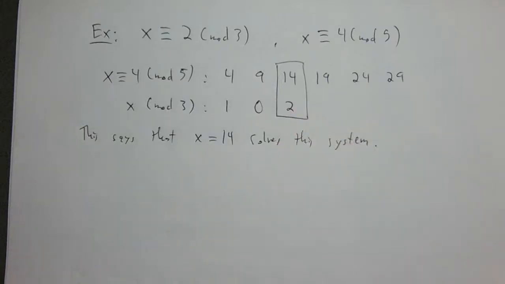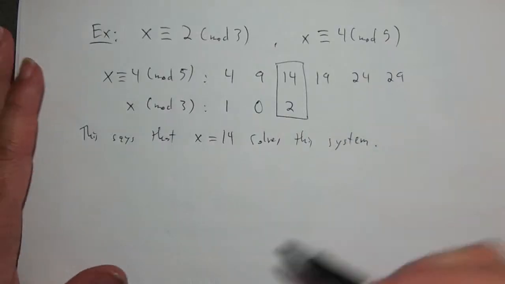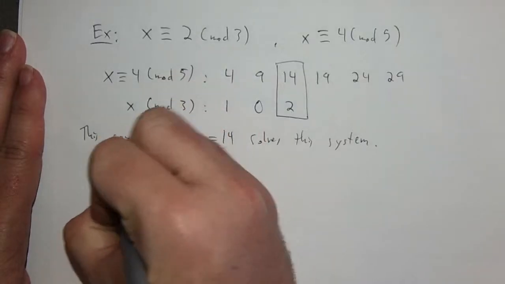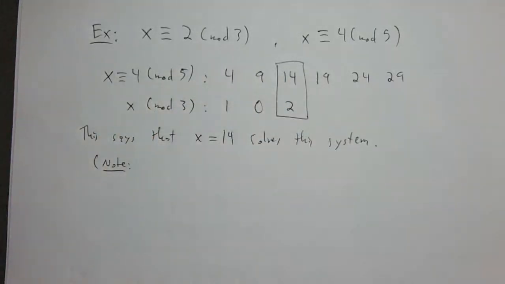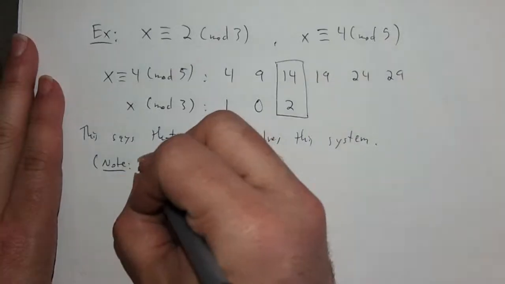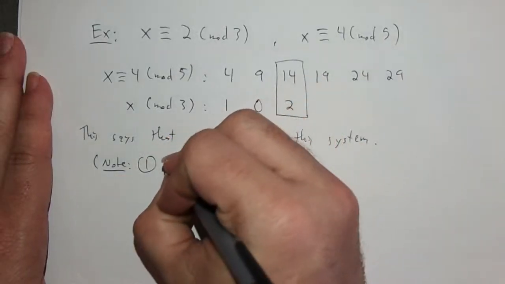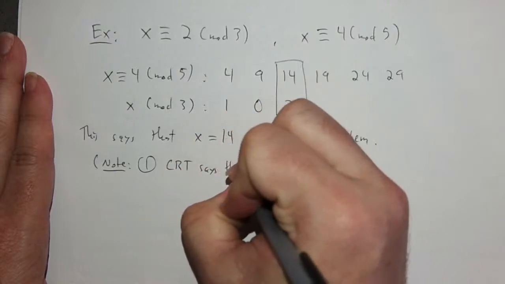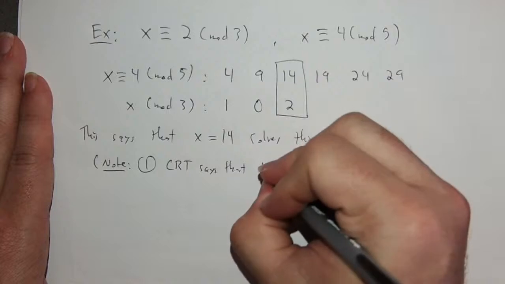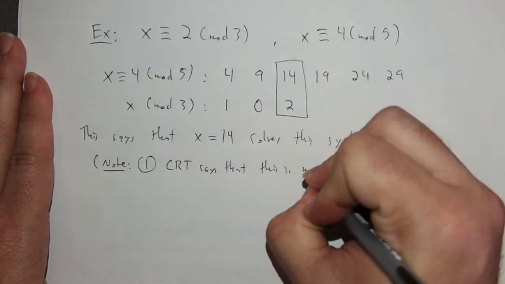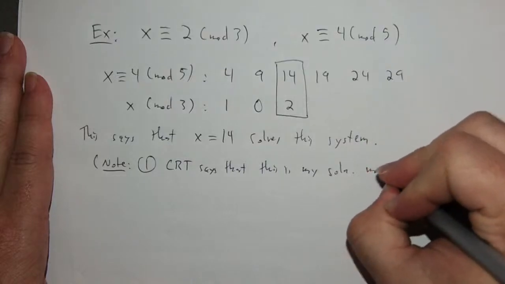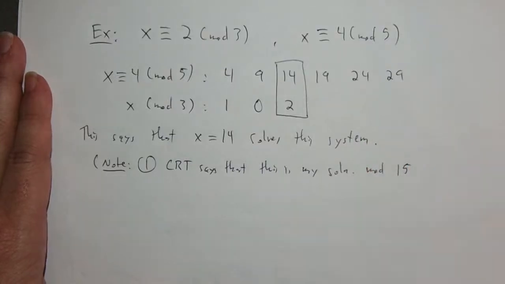So, a couple of things to note here. One, note. This isn't really something to note because maybe you don't know this yet. So, the Chinese remainder theorem says that this is my solution mod 15.